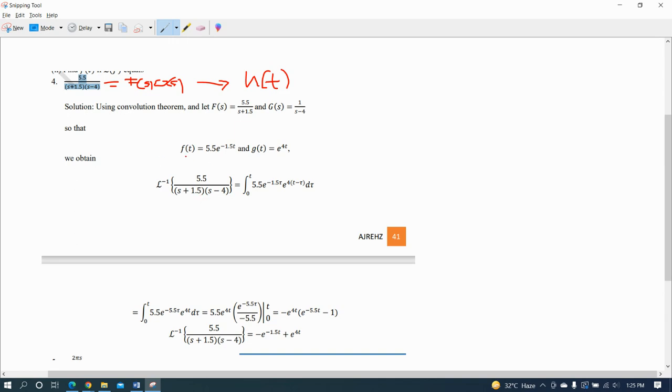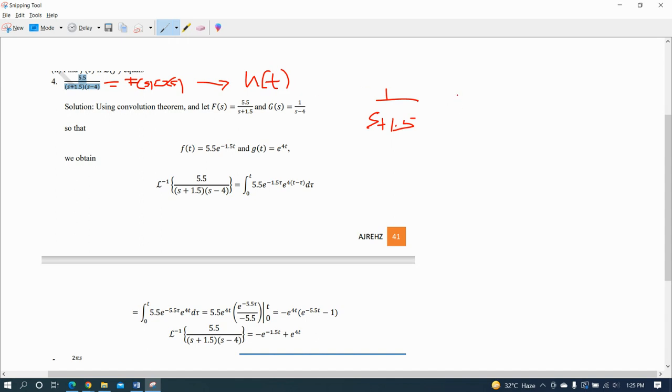Pansinin nyo, the first thing that we are going to do is to determine what's f of s and g of s. Actually, itong 5.5, okay lang kahit nandito siya. Kung halimbawa ang f of s mo is 1 over s plus 1.5, tapos ang g of s mo is 5.5 over s minus 4, okay lang po yun. Walang bearing yun. So long as tama yung pag-simplify mo, magiging pareho pa rin ang result.